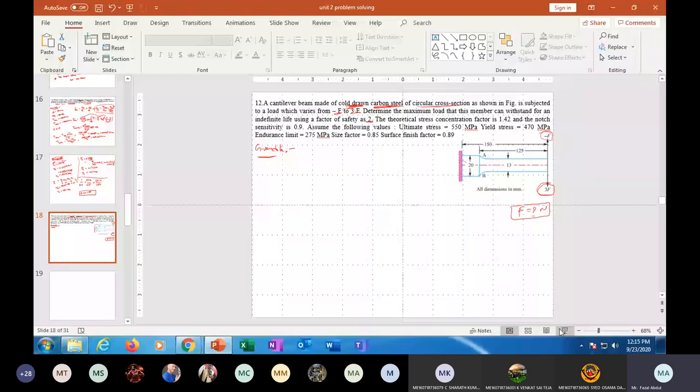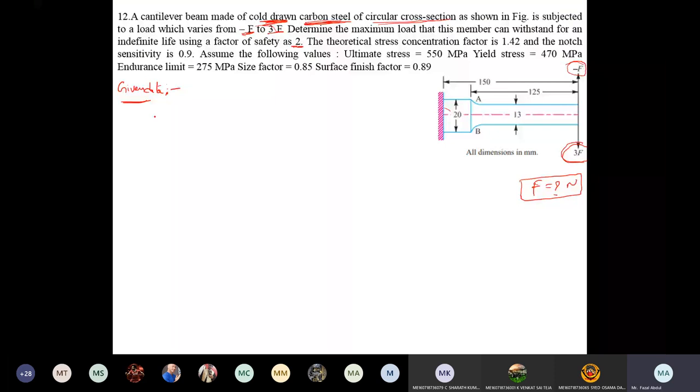Now, first write down the given data. What is the given data here? Minimum load as minus F. Maximum load as 3F. Factor of safety as 2, and theoretical stress concentration factor Kt as 1.42. Notch sensitivity, denoted by small q, 0.9.